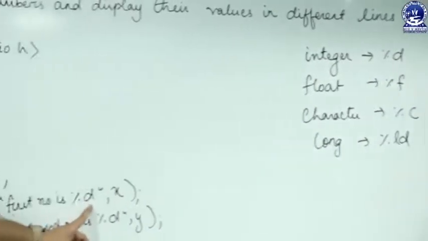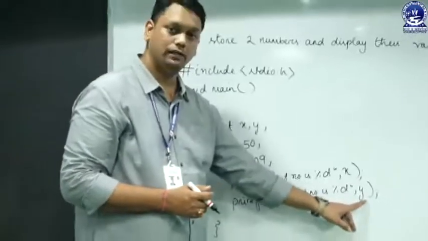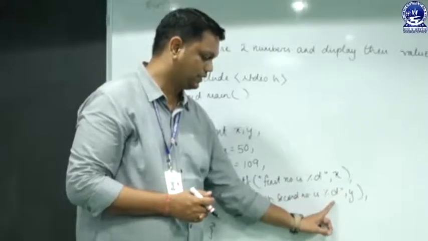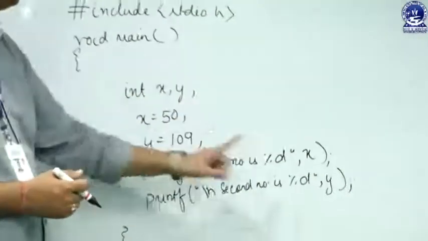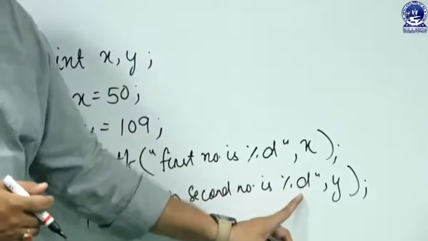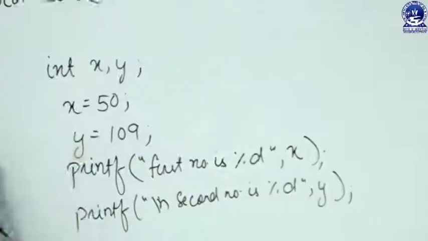Next, "second number is", that means in place of %d I have to print the value of y. As y is of integer type, the format specifier of y is %d.